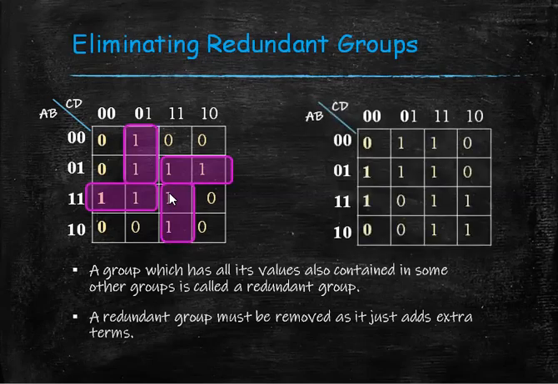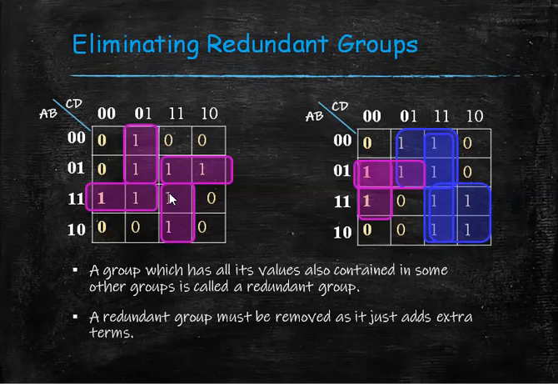Consider another one. Here it is a quad, and it is also a quad. It is a quad, and it is a pair. It is a pair.